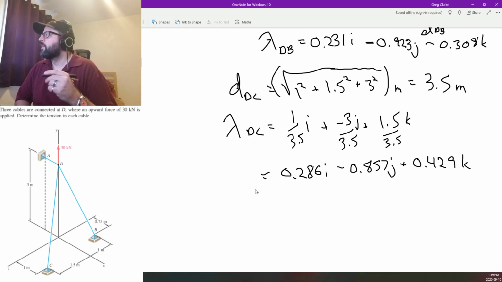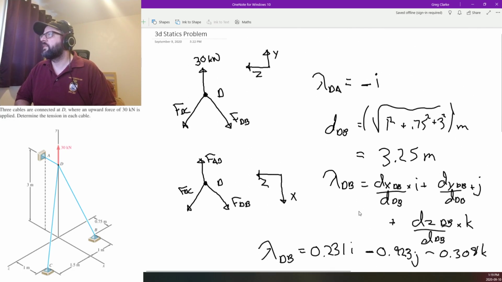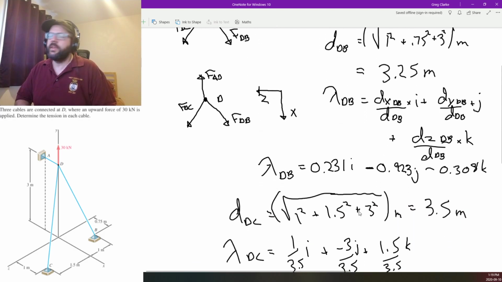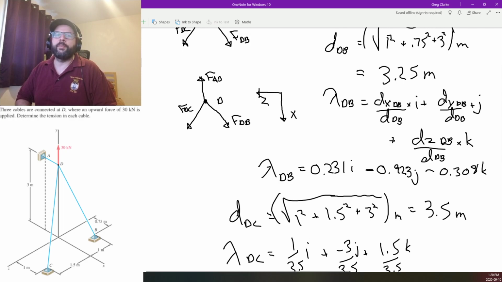Okay, so now where do we go from there? The first step in balancing these equations is going to have to be figuring out how big these forces are relative to one another.